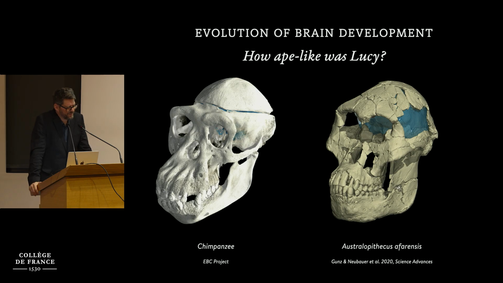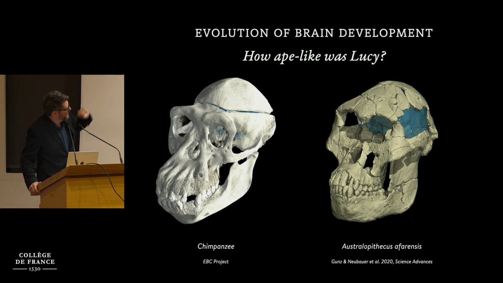And the reason why we not just compare them to humans, but also to great apes, is because you can see how ape-like, at least in the overall cranial morphology, these skulls of Australopithecus afarensis were. Right. So on the left hand, you see a CT scan of a chimpanzee, and on the right-hand side, you see a reconstruction of a female adult Australopithecus afarensis.